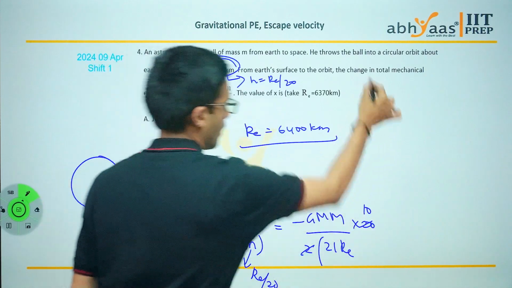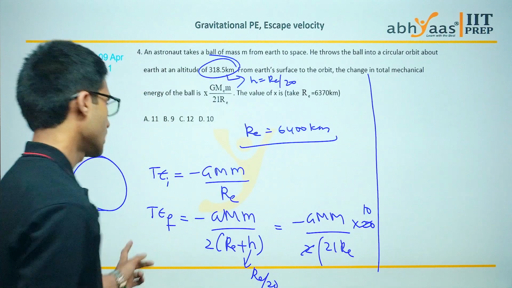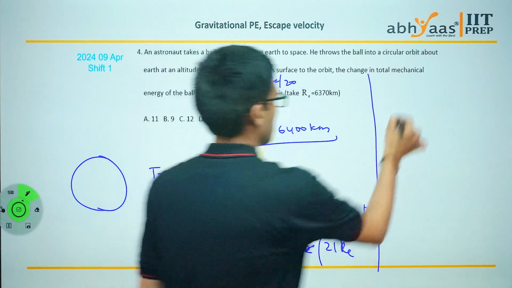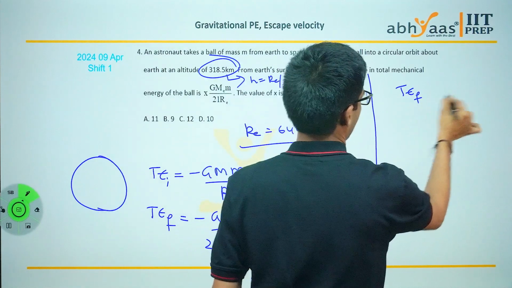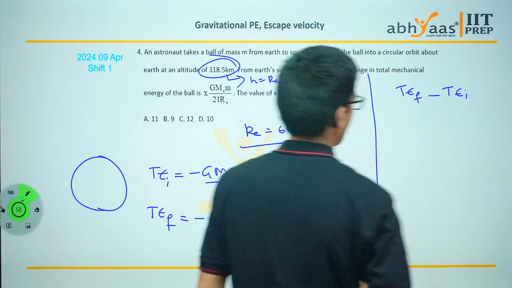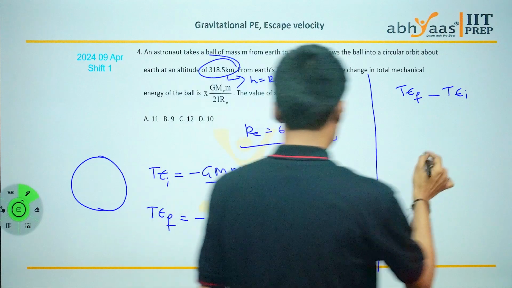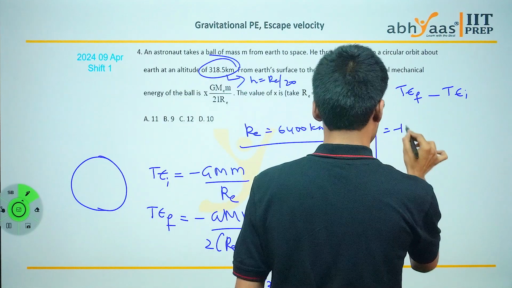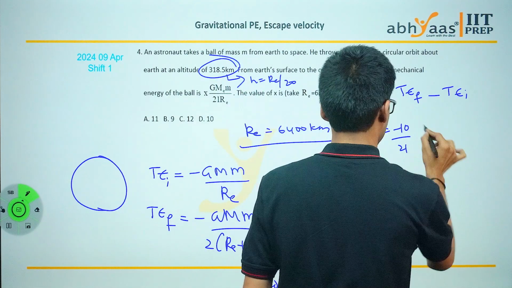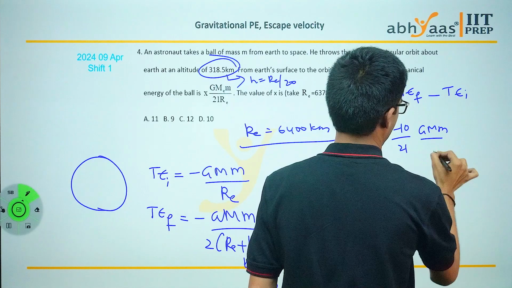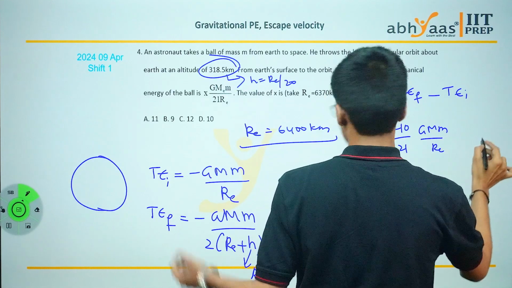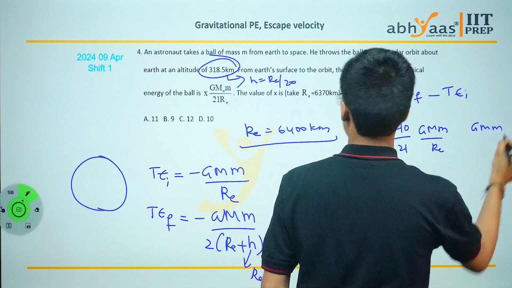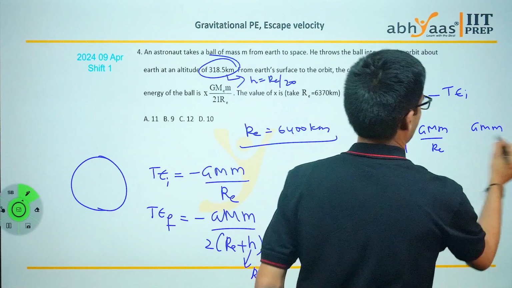But he wants what? Change in energy, that is TEF minus TEI. So then what you will get? Minus 10 by 21 G capital M small m by RE, minus this G capital M small m by RE.